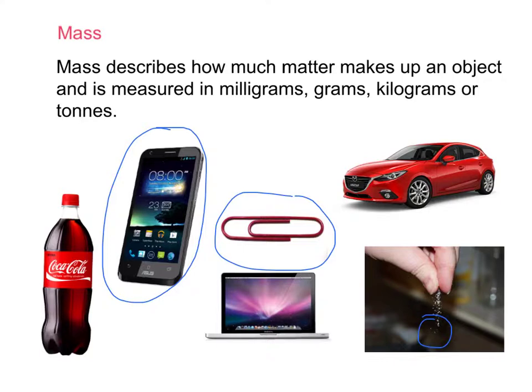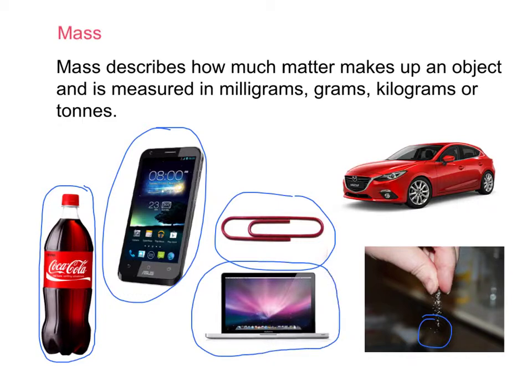Now, the next category up is kilograms. And there's two objects here again that weigh kilograms. I've got the 1.25 litre Coke bottle, that's 1.25 kilograms. And I've also got the laptop here, and the MacBook Pro would be about 2.5. Any other laptop, unless it's a tiny one, you'd definitely be measuring in kilograms.